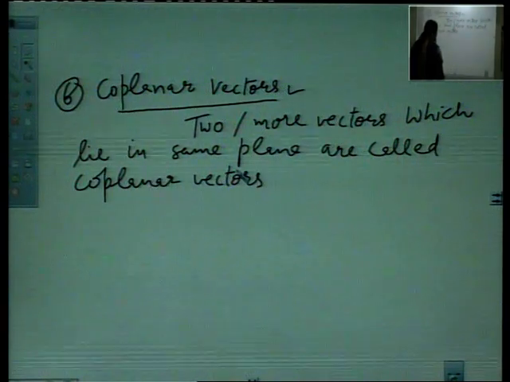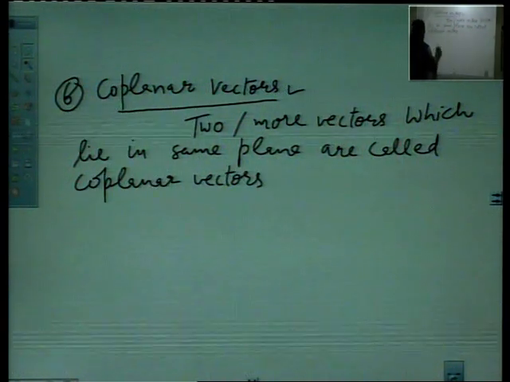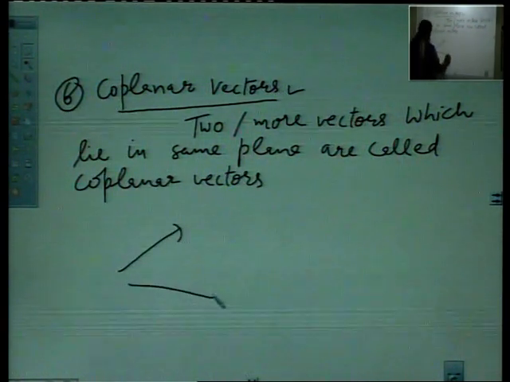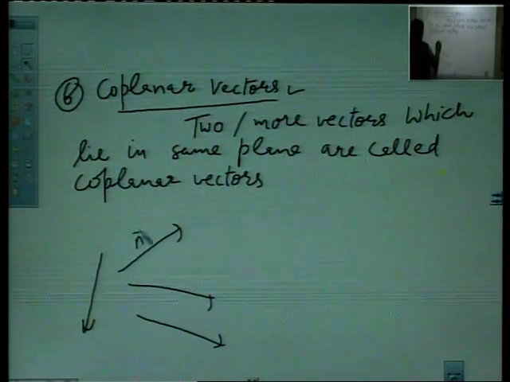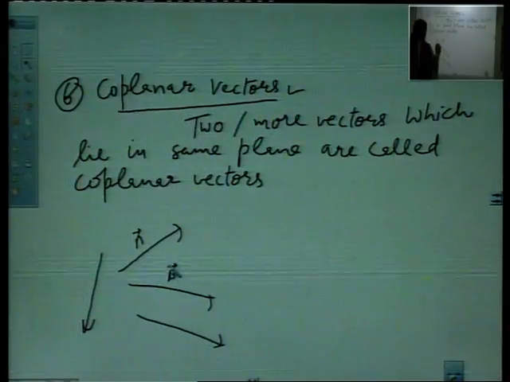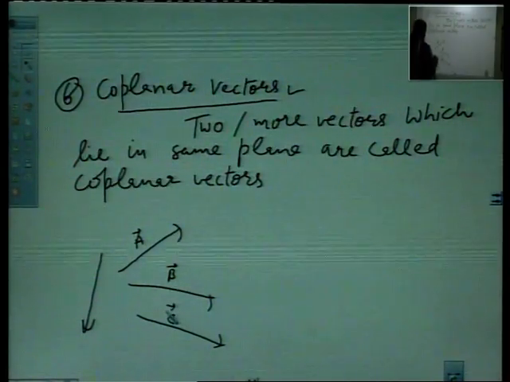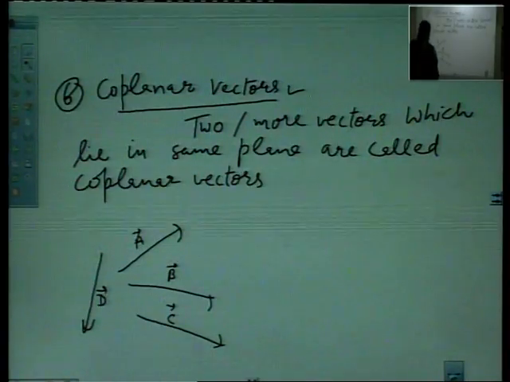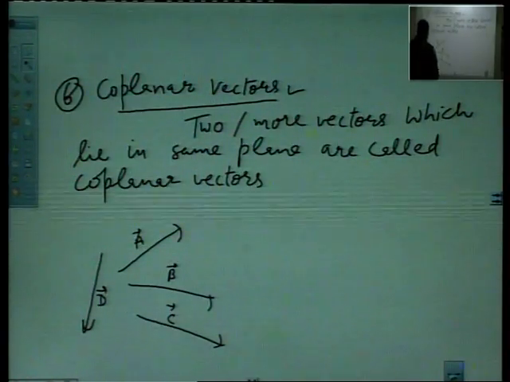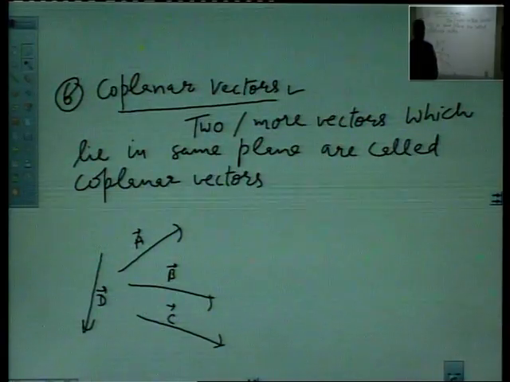So suppose we have the plane of a blackboard, and all the vectors which are in this plane of the blackboard are called coplanar vectors: A vector, B vector, C vector, D vector. All these vectors are in the same plane, so these are called coplanar vectors.